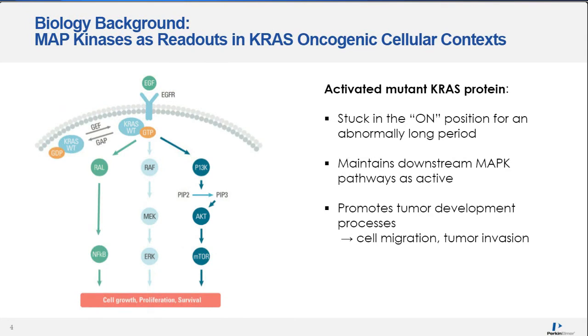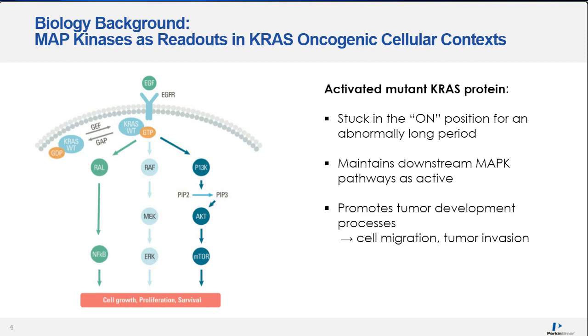Now, moving on to MAP kinase readouts in KRAS oncogenic cellular contexts. Activated KRAS activates effector proteins that promote a downstream cascade of signaling pathways and promote cell cycle progression through, say, replication, growth, differentiation, and chemotaxis.